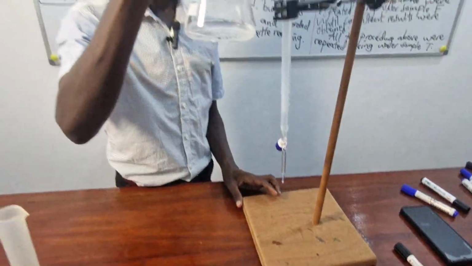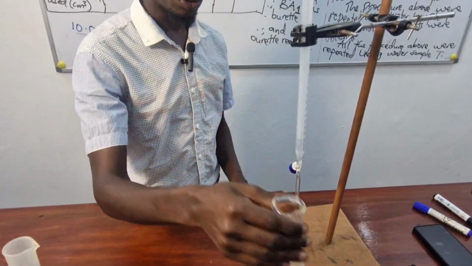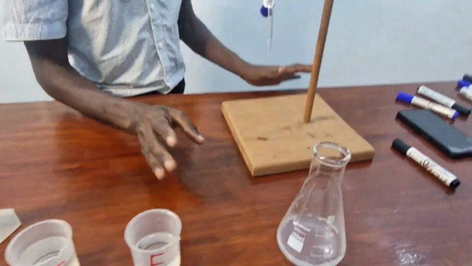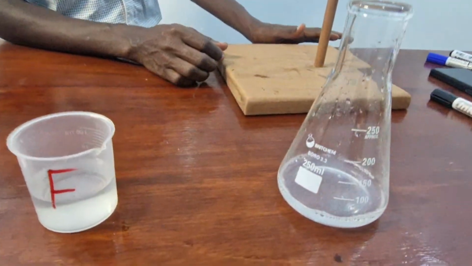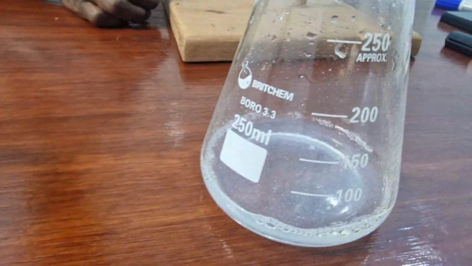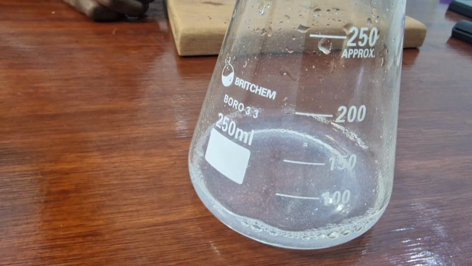I think we can see the white residues in the mixture. These white residues is what we call scum. If we can see them very well, it's what we call scum.